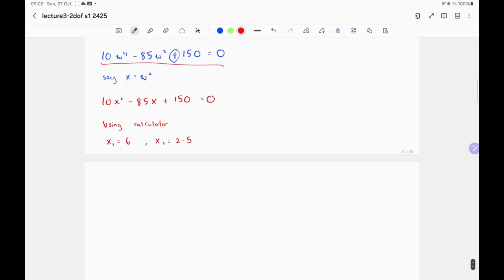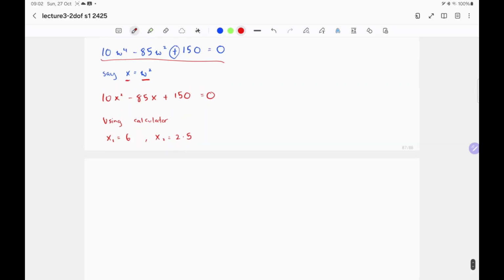So we know that x equals omega squared. So omega 1 squared is actually 6 and omega 2 squared is 2.5.